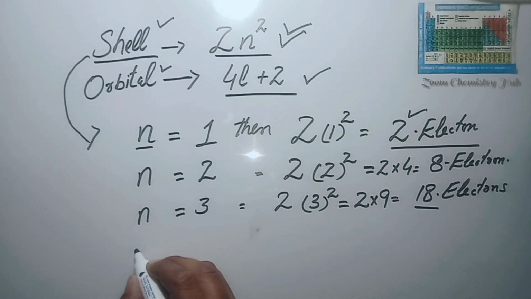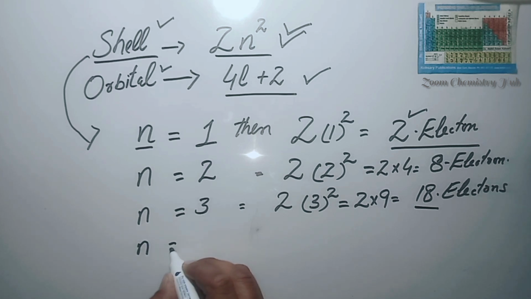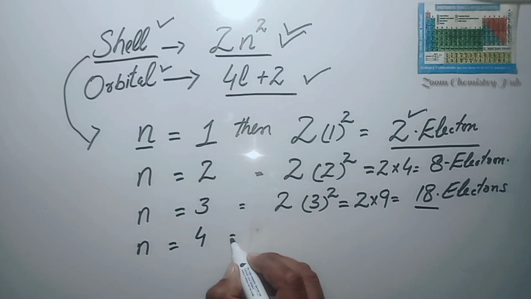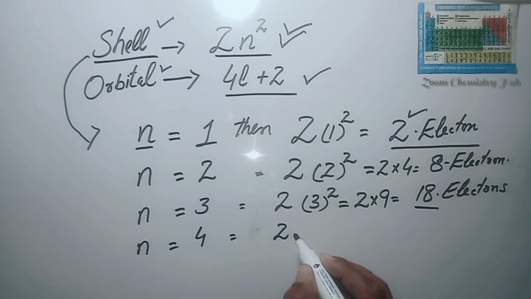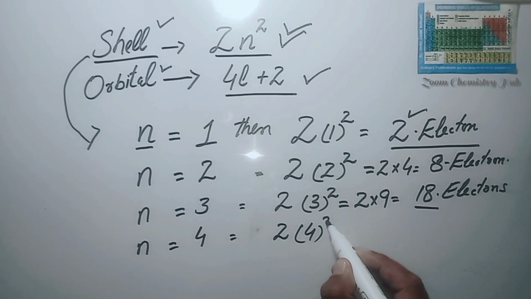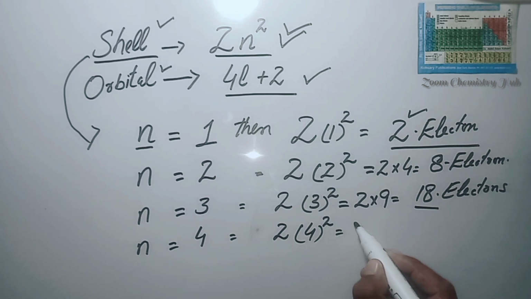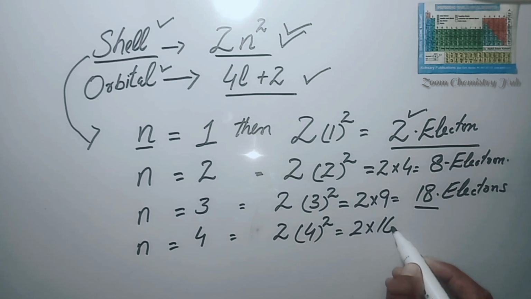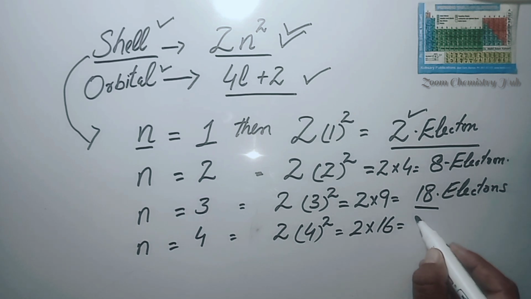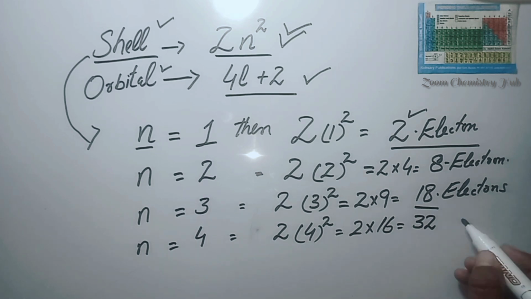Similarly when the n value is 4, we calculate 2 into the square of 4, which is 2 into 16, we get 32, the maximum number of electrons in the fourth shell.